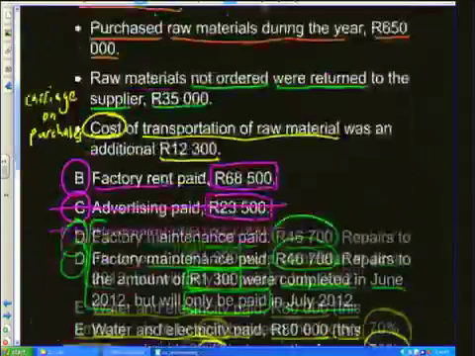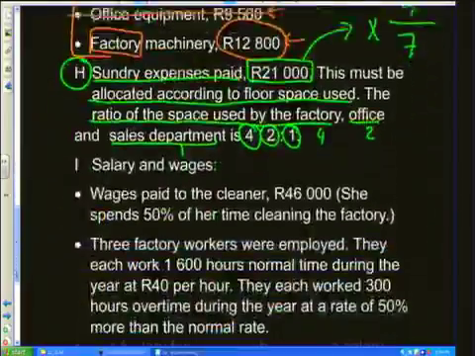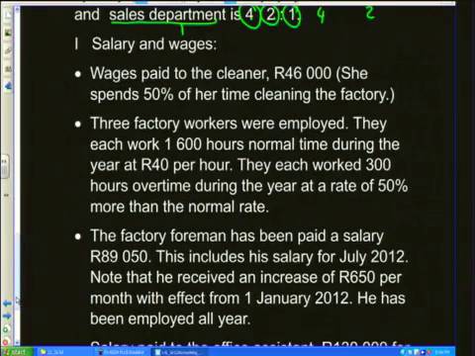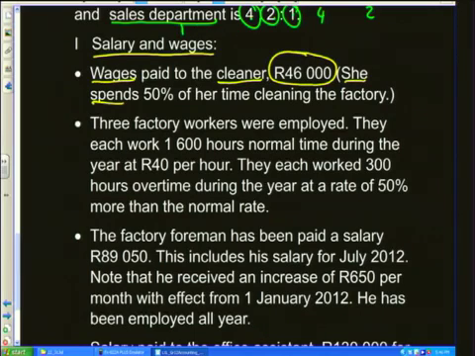Almost done. We've got one more adjustment to do, which is quite a long one. And this is the one that deals with our salaries and our wages. So the first thing that we need to do is look at which wages have been paid to the cleaner. And they've told us that the cleaner earns 46,000 Rand per year. And it says that she spends 50% of her time in cleaning the factory.